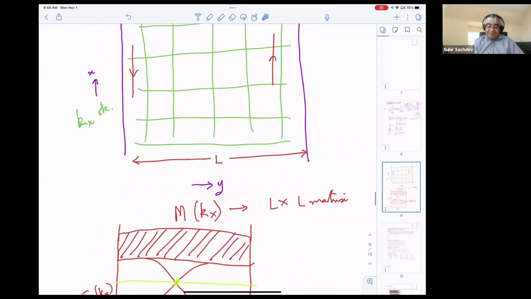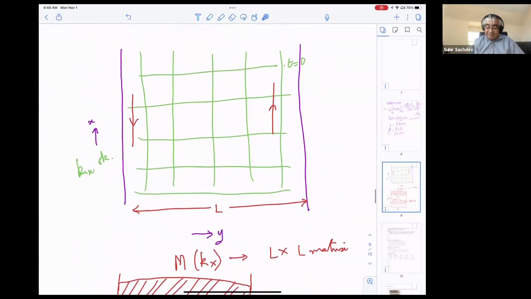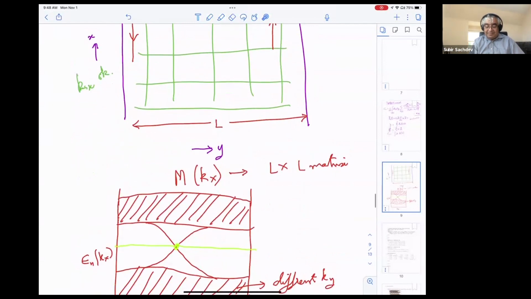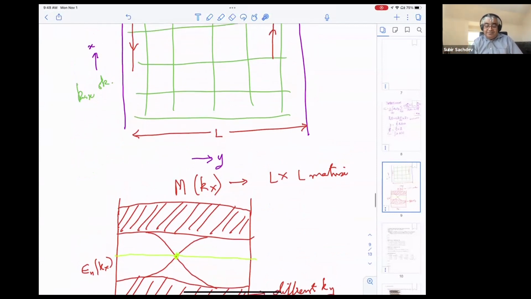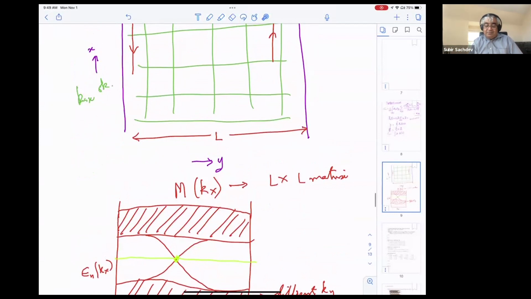Okay, there's one more thing I wanted to mention, an interesting power of this very beautiful numerical calculation: this is how Kane and Mele first discovered that there was another invariant, now called the Kane-Mele invariant, which in fact has only 2 possible values, and that's why it's called the Z2 invariant.